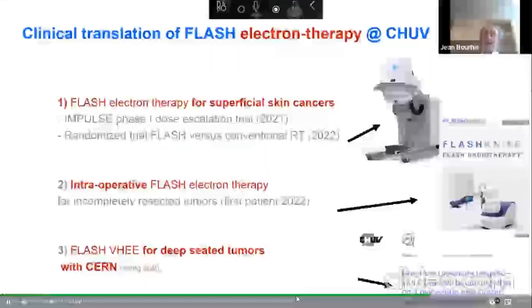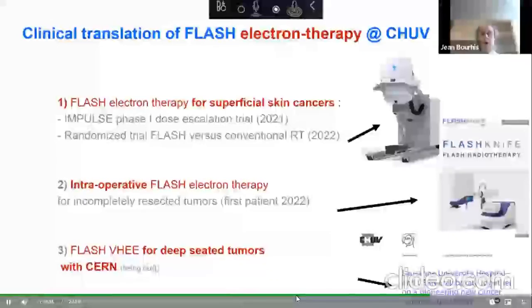The other set of clinical trials is from our institute in Lausanne, where we started the Impulse phase 1 dose escalation trial. And we have another trial, which is a randomized flash versus conventional radiation therapy, which is going to start soon. We have also an intraoperative flash electron therapy program, and we have also a flash, very high energy electron for deep-seated tumors.